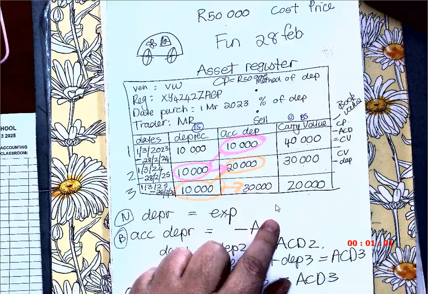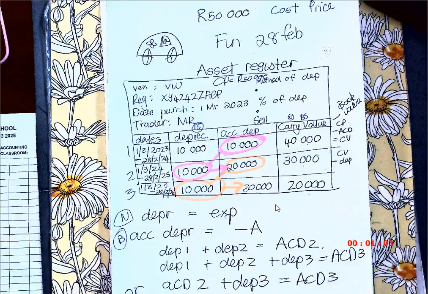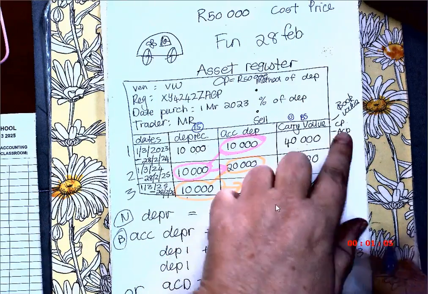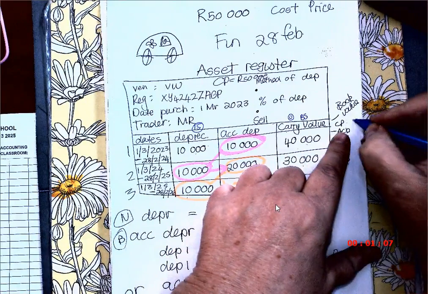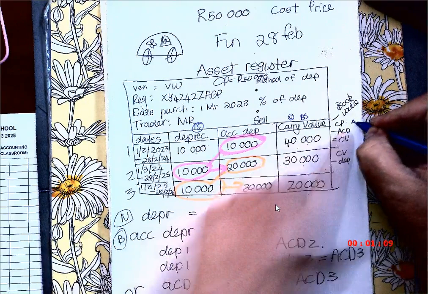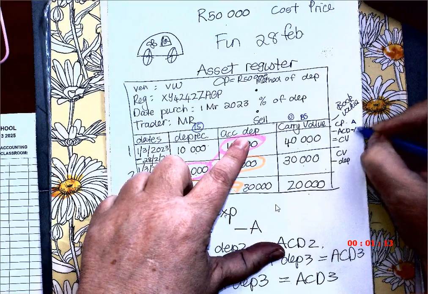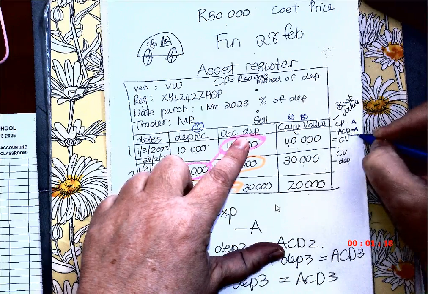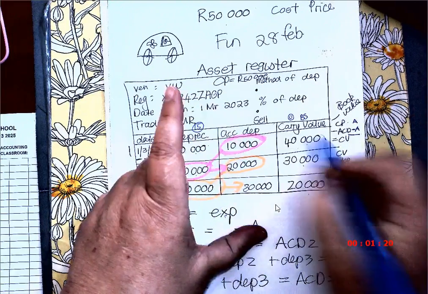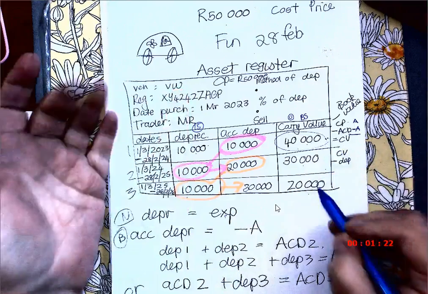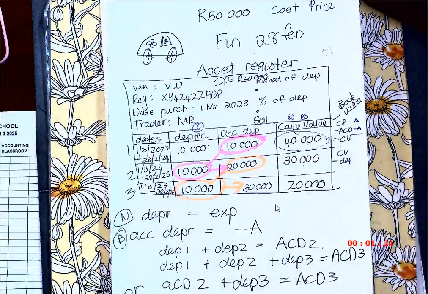How do I get that? I take the cost price. Now let's see quickly if this makes sense. Cost price is the asset, less the accumulated depreciation, which is the negative asset. Can you see? Gives you the carry value. So this is what it's worth at this stage. I want you to understand that.